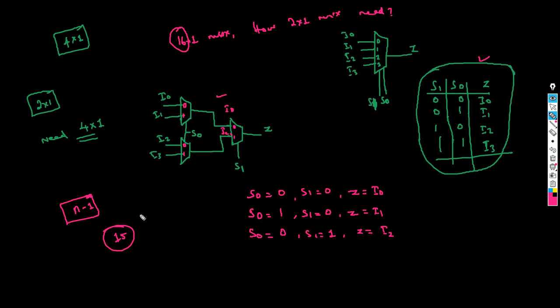Now let's say you have to implement an 8 cross 1 using this, how many do you need? 7, sir. Yes, you need a total of 7 2 cross 1 muxes to implement an 8 cross 1 mux.